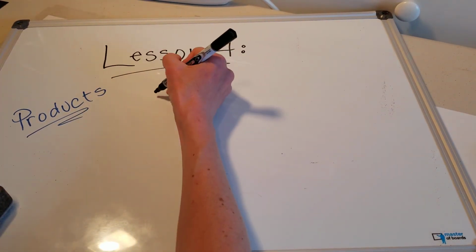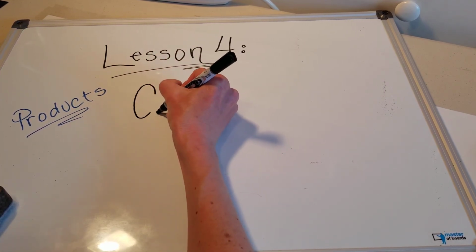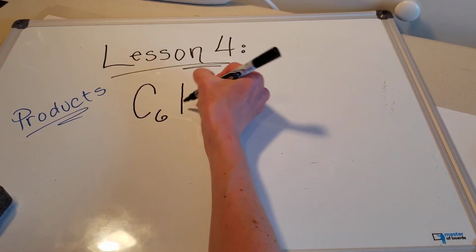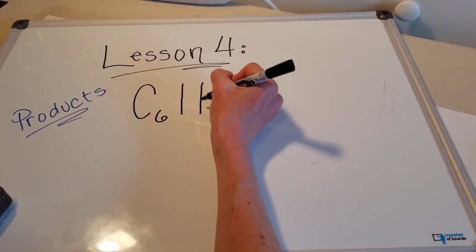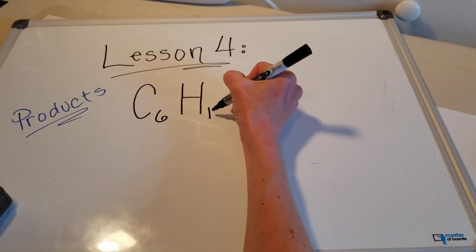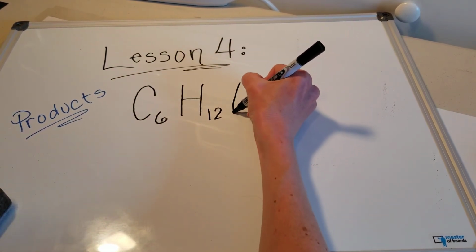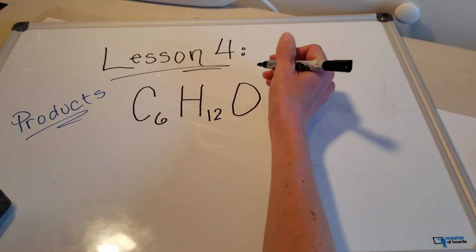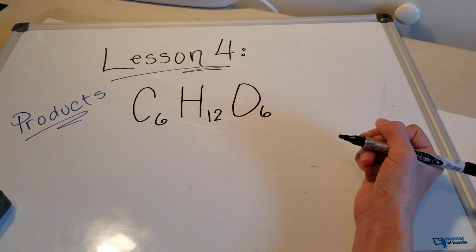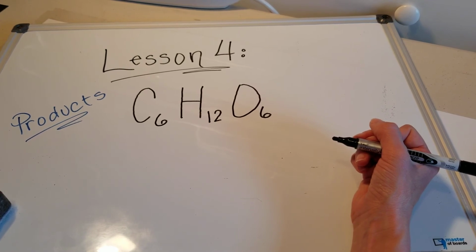So this guy over here, C6H12O6. So this is the sugar that we end with after photosynthesis. We start out with the carbon dioxide in the water.